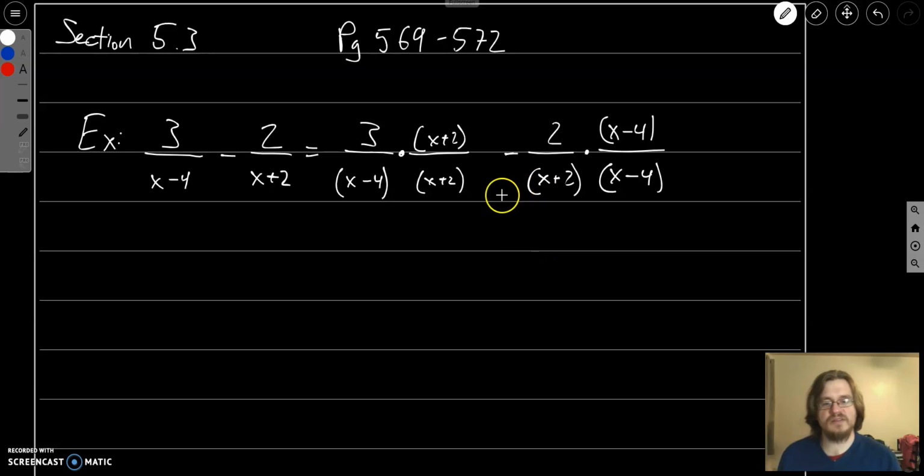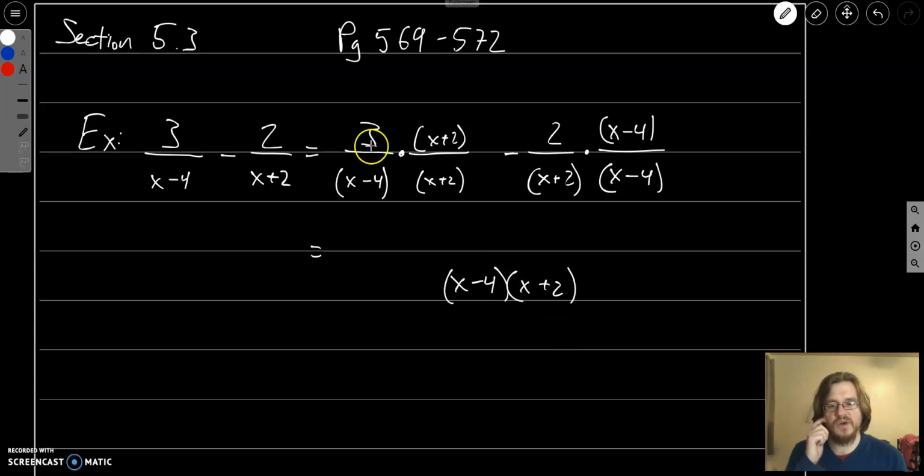The reason we do this is that the bottom of this fraction is going to be x minus 4 times x plus 2, and the bottom of this fraction is now going to be x minus 4 times x plus 2. They now have the same common denominator. So it's easiest to multiply them all to get the same denominator on the bottom. So the bottom is now x minus 4 times x plus 2.